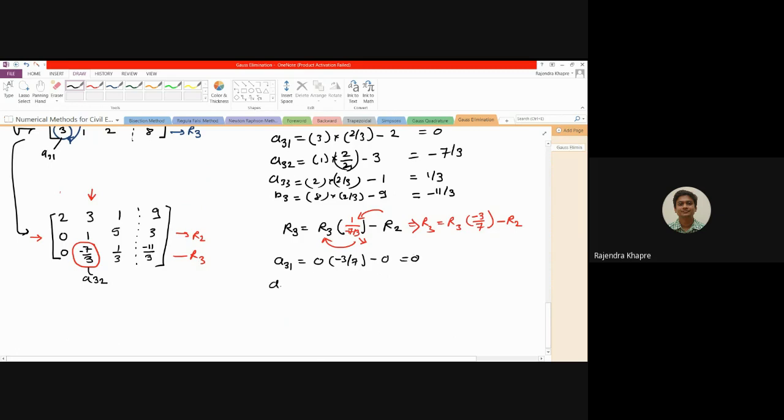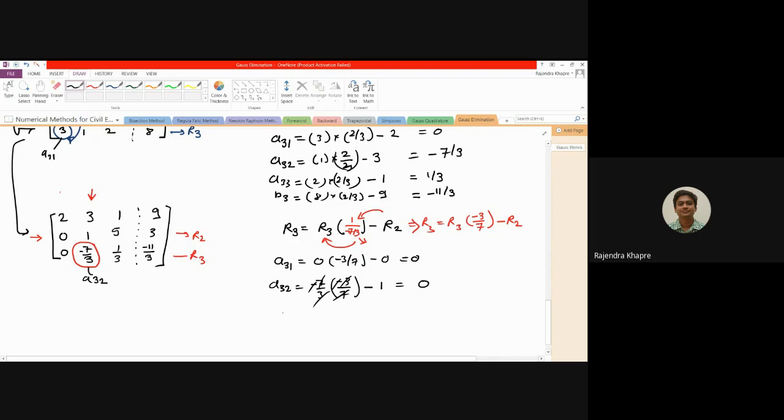Then if you go for the third row, second column, this will be minus 7 by 3 into minus 3 upon 7 minus r2. So r2 is nothing but your 1, and ultimately this will get cancelled, this will also get cancelled, this will be 1 minus 1, it will be 0, right.